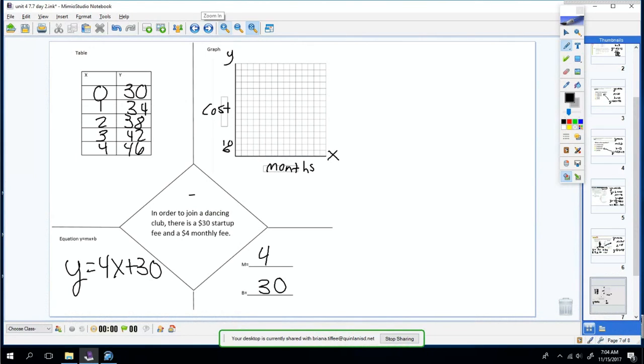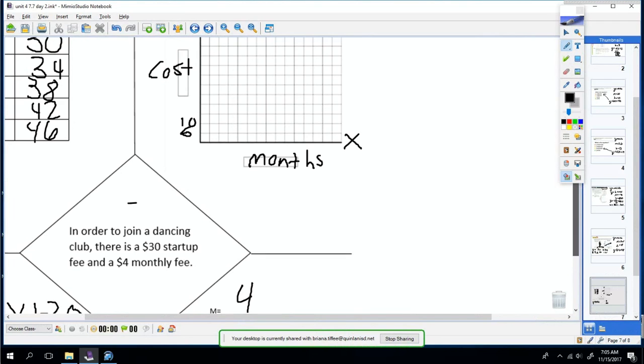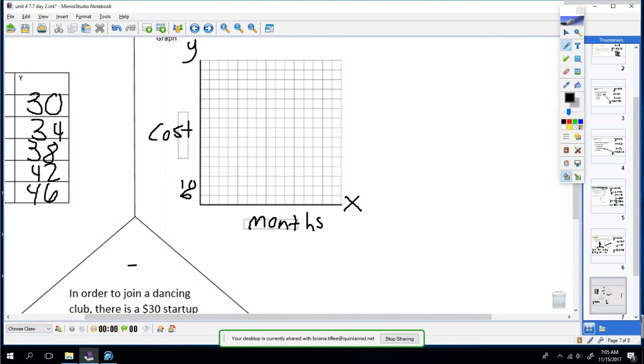I have to make this bigger. So it's 5, 10, 15, 20, 25, 30, 35, 40, 45, 50.